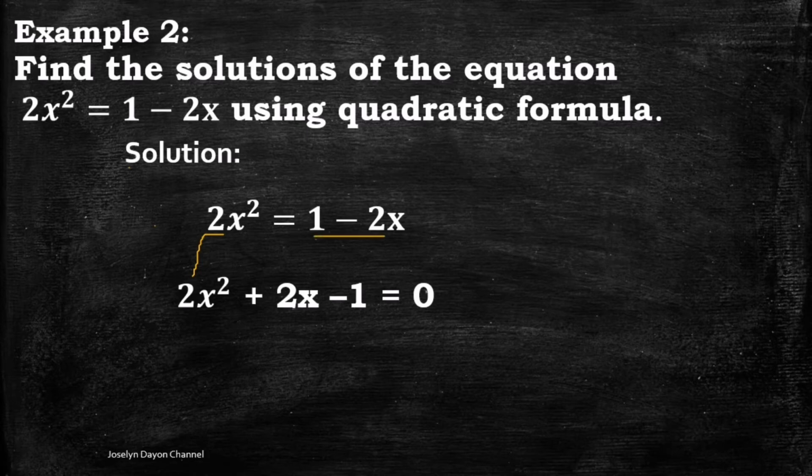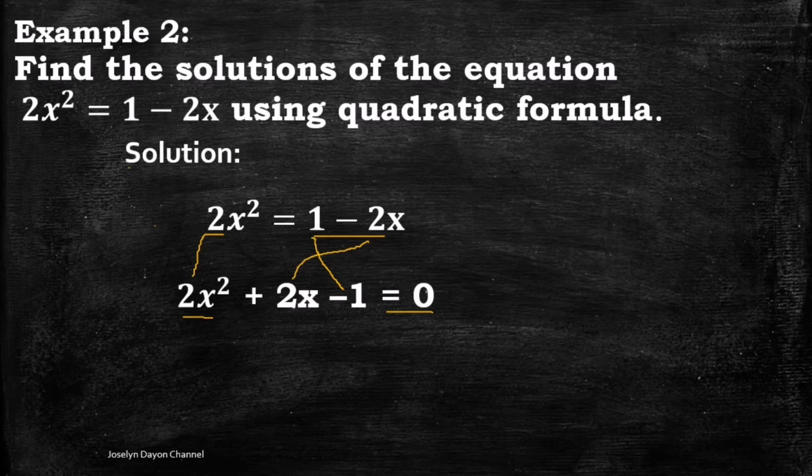So we have to arrange: after the quadratic term, it should be followed by the linear term. So 2x will be the next term. Since it's negative, when transposed to the left side it becomes positive. Next, 1 becomes negative 1, equals 0.